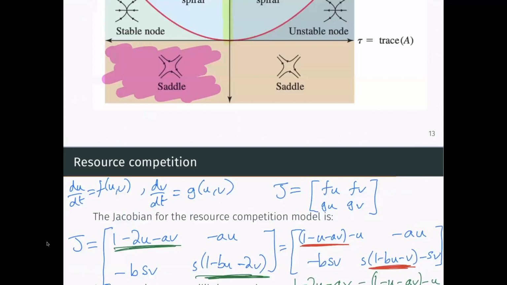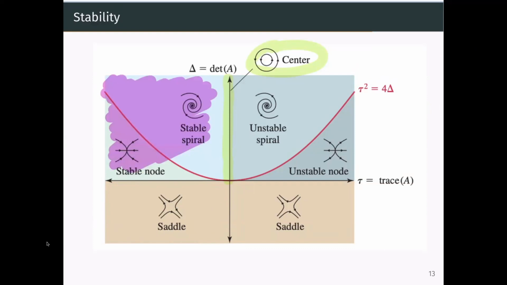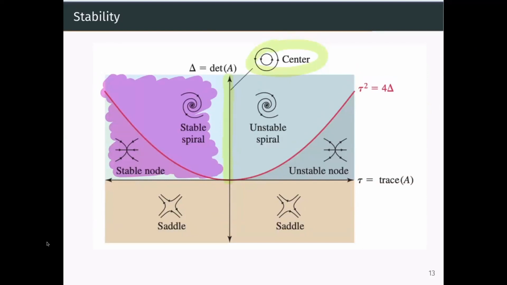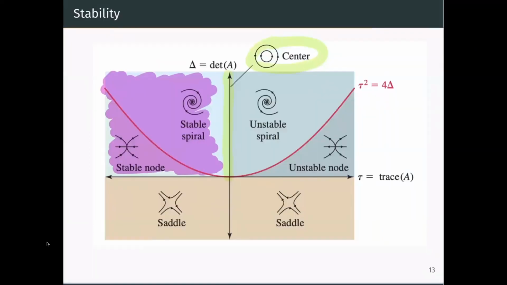So now if we go back up to our diagram, we can have a negative trace and a positive determinant, which means we're in this quadrant here. So we either have a stable node or a stable spiral. To work out whether we're in the spiral case or the node case, we have to look at the sign of our discriminant. Otherwise, we need to work out whether we have real or complex eigenvalues.